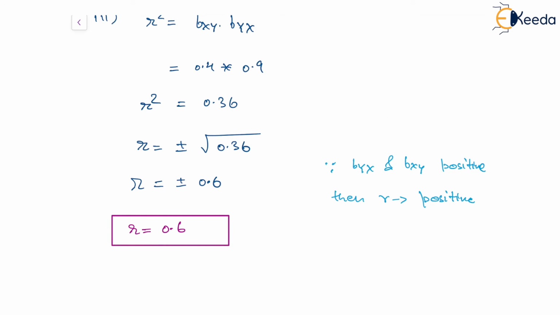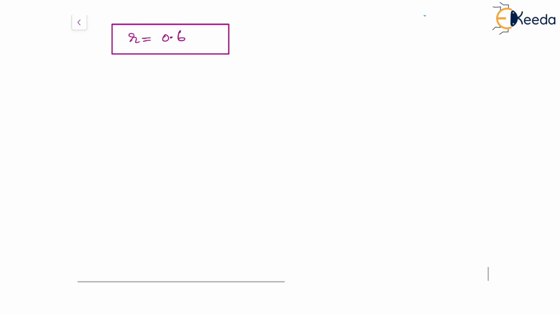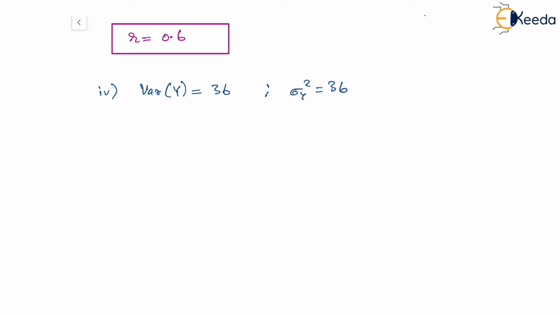This is the third part of the question, and now coming to the fourth part, which is about the variance value. It says that the variance of y is 36, so we may say that sigma y square is 36. Now picking any of the coefficients of regression, we can say that bxy equal to r times sigma x over sigma y.